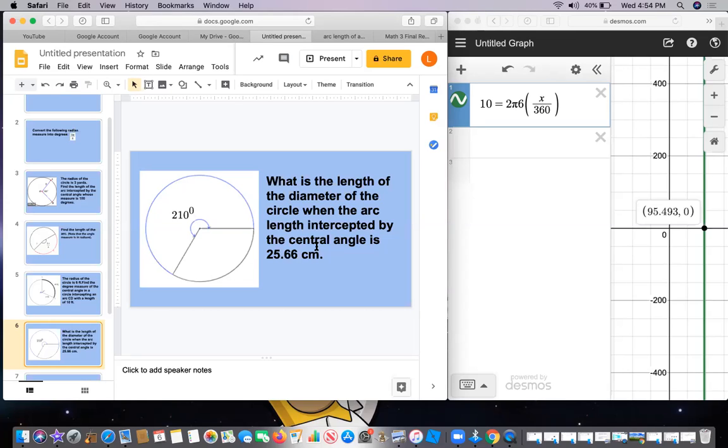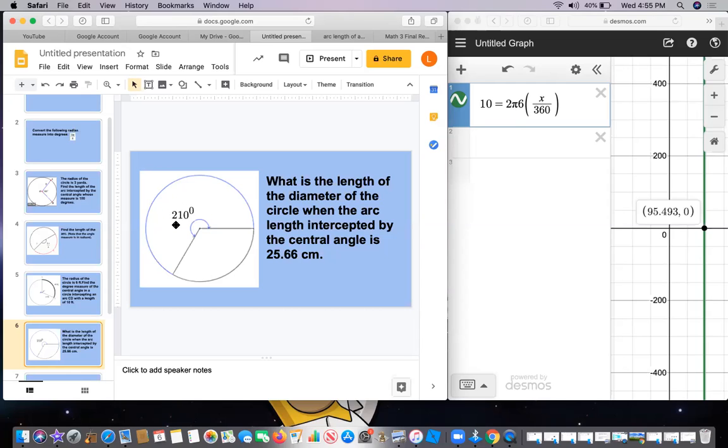What if the question is find the diameter? What is the length of the diameter of the circle when the arc length intercepted by the central angle is 25.66?